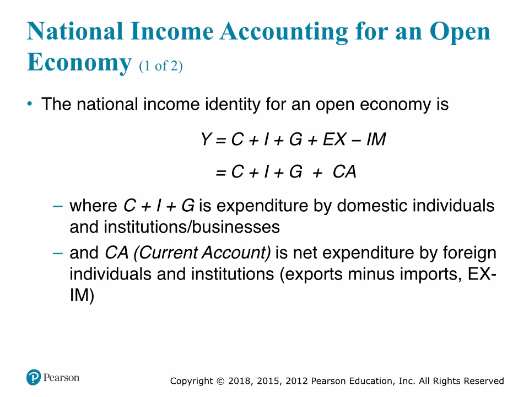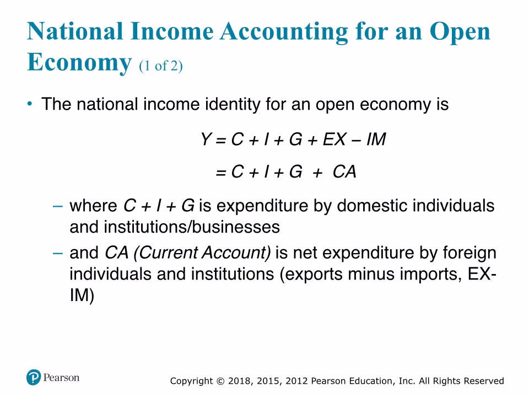If we want to have a positive trade balance in the US economy, we need to increase our exports and decrease our imports. If exports are larger than imports, then we will have a positive trade balance or a positive current account.